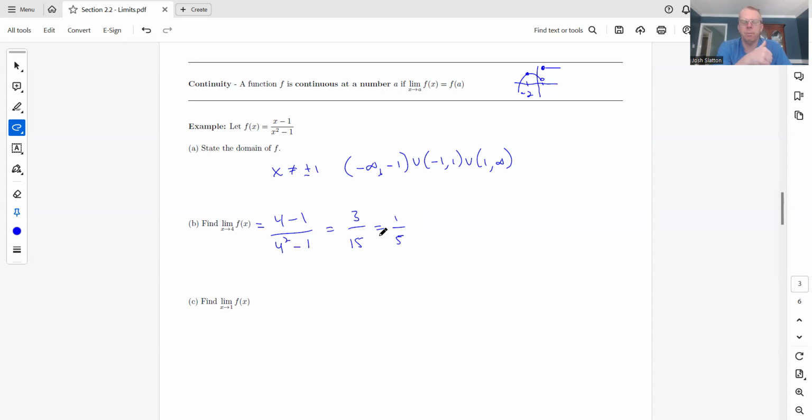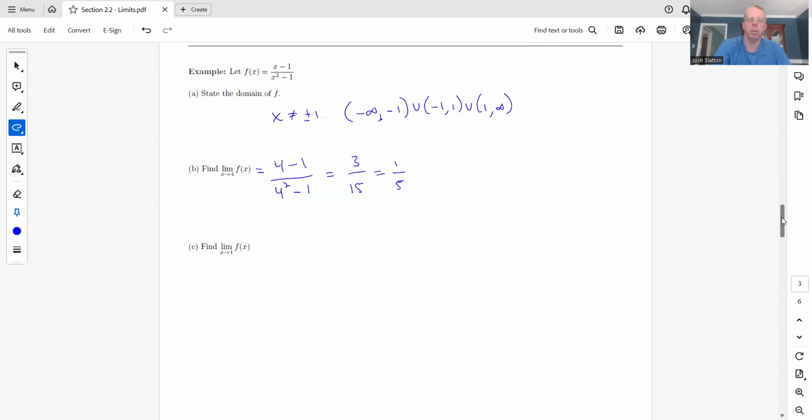Again, if a number is in the domain and it's not close to a number that's not in the domain, even though that's probably not an issue anyway, you really just need to plug the number into the function. As long as you have continuity, as long as you have this number in the domain, you can just plug it in and see what the value is. Now, there may be exceptions to that, but we'll get to those later, maybe.